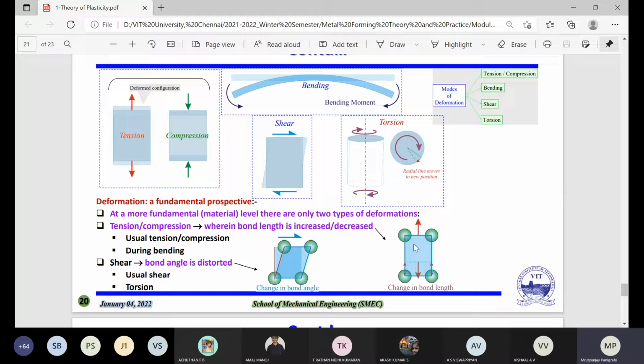And if you have tension, if you are stretching both sides, again your metal piece will shift and your bonding will also change, because the moment your atoms change, all the structure will change.